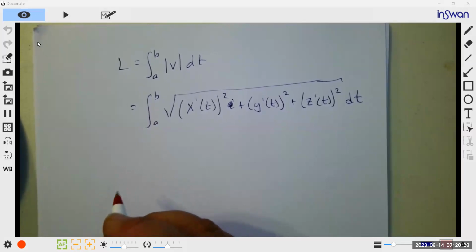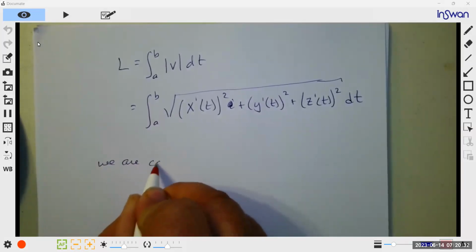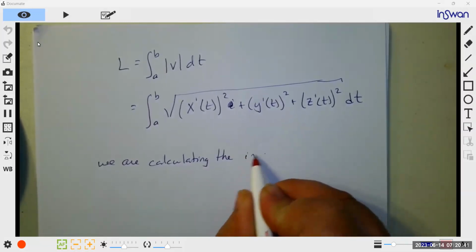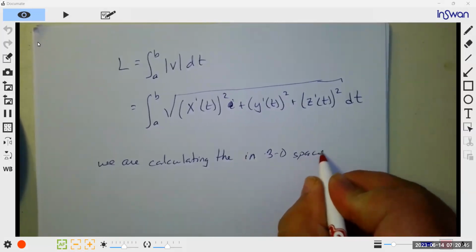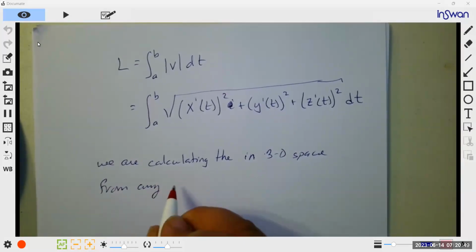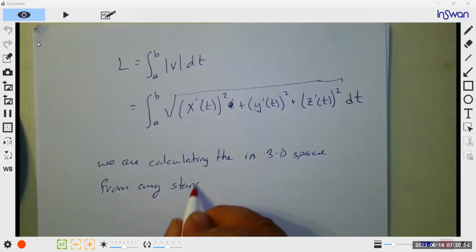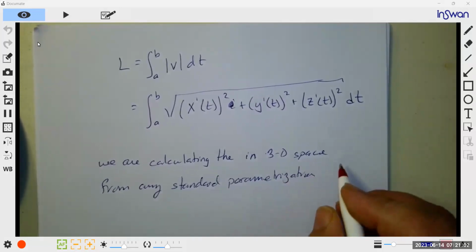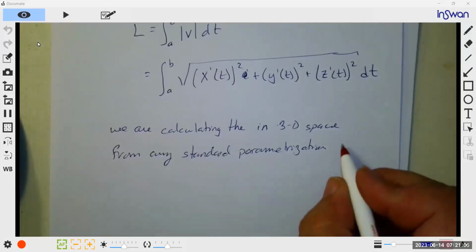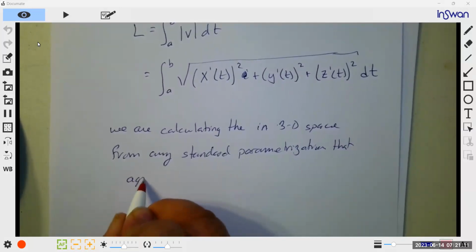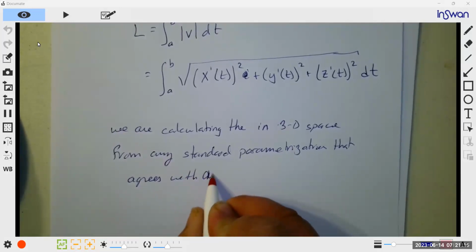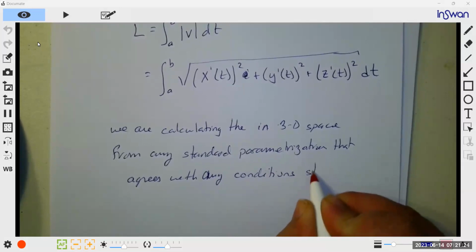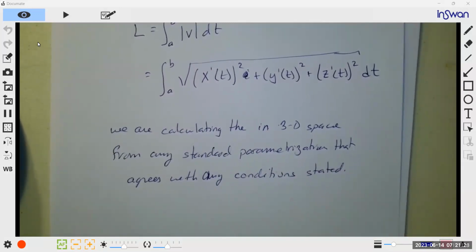What this tells us is we're calculating the curve in 3D space from any standard parametrization that agrees with any conditions stated, or any initial conditions or any limitations.